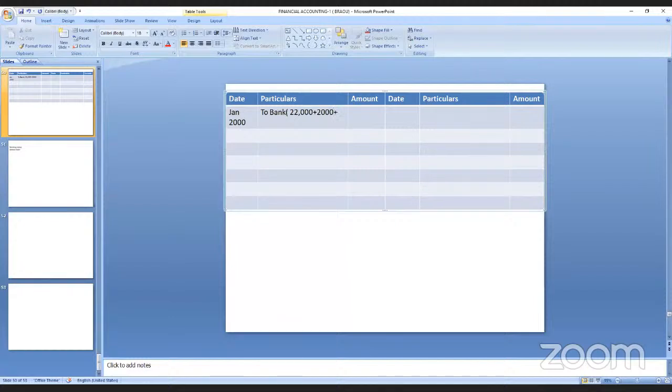Then plus erection charges, meaning installation, for refitting it, how much does it come to? 22,000, 2,000 and 1,000. It comes to 25,000. Is it clear?